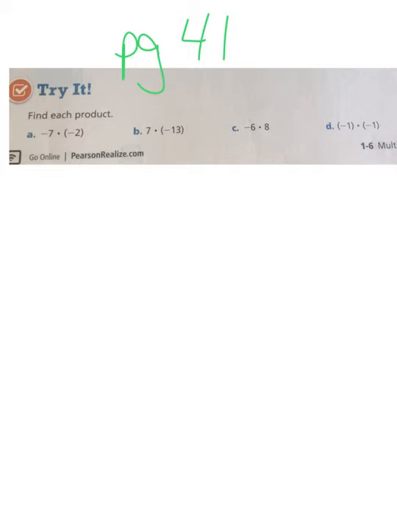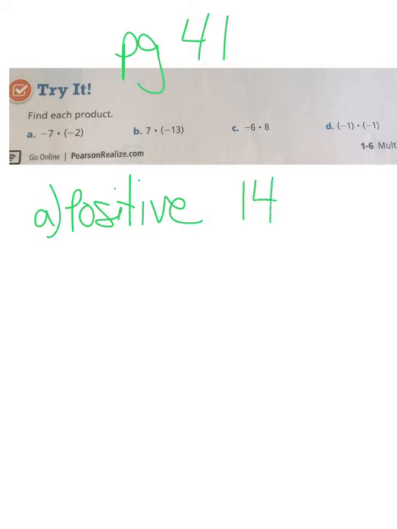And before we even get started here, I just want to talk about, is A's answer going to be positive or negative? Same signs, a negative and a negative. So same signs means my answer will be positive. Good. Now you just multiply. 7 times 2, which is a positive 14.